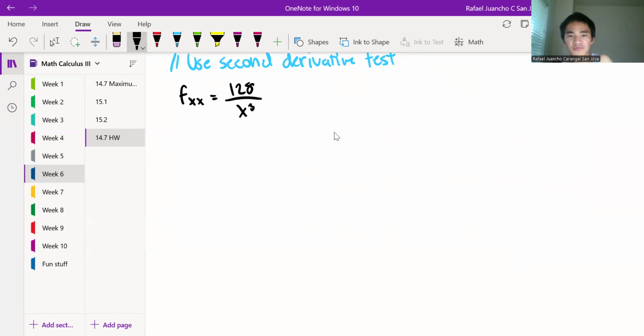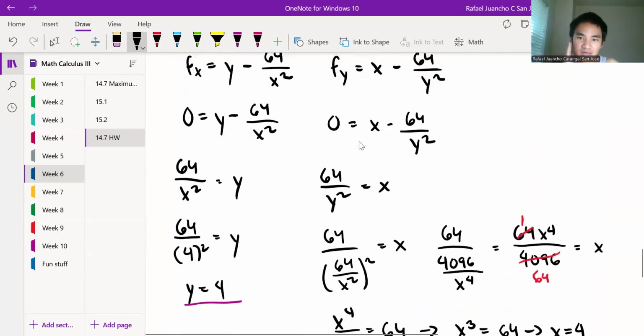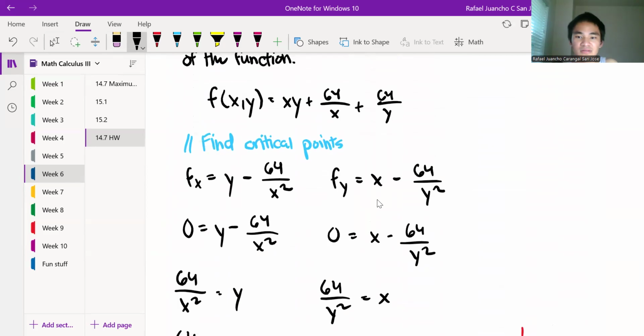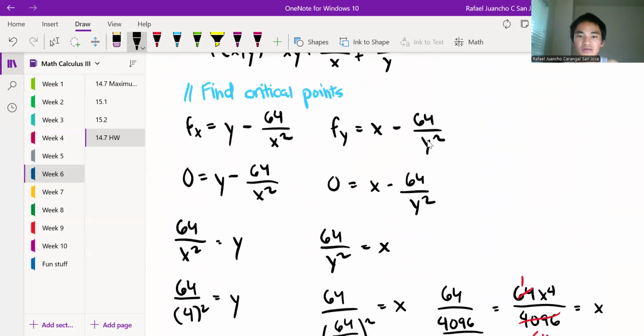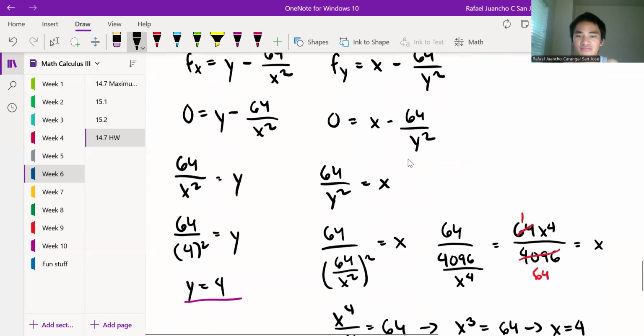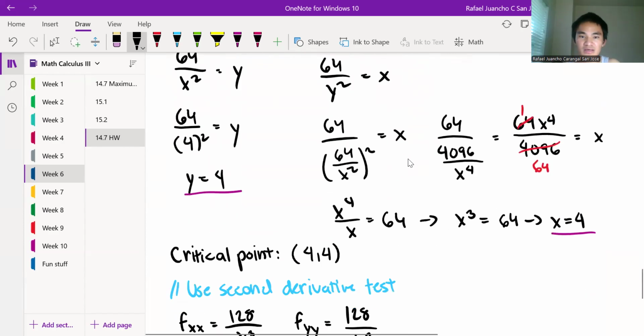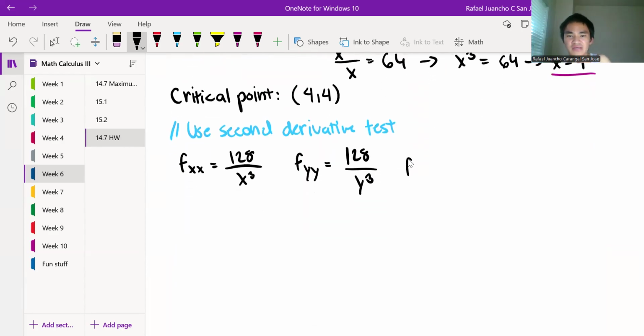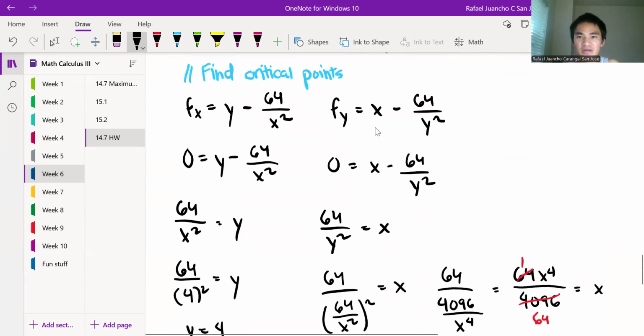Now, let me do my f sub y, fyy, x is 0. Oh, I get the same thing. I just switch it up with a y, right? Simple as that. And then from there, let me get my fxy. So here, let's say I look at my y.